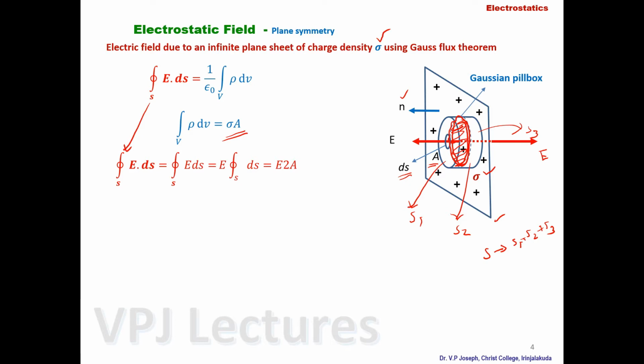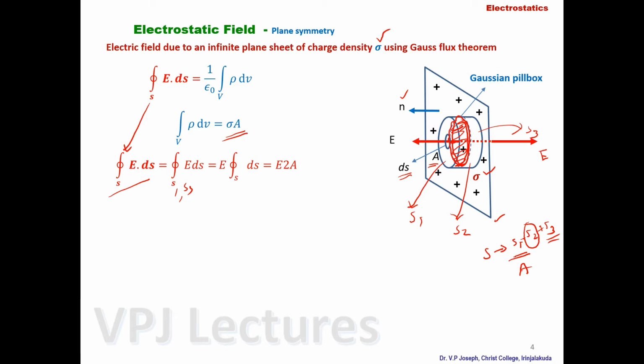Out of which the contribution due to S2 is equal to 0 because E and ds are in perpendicular direction for that curved face. The area of the S1 section and S3 section are taken as A. So here surface integral E dot ds is equal to surface integral E into ds because for S1 and S3, E and ds are in the same direction, and also E is constant.